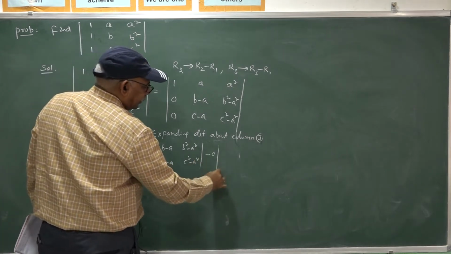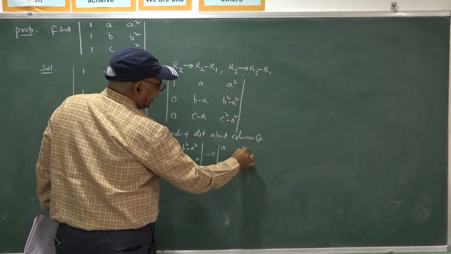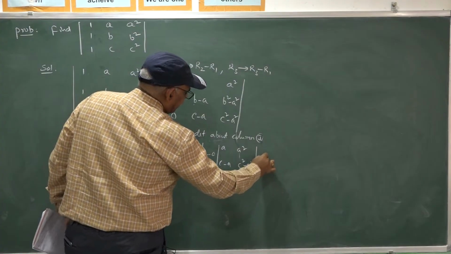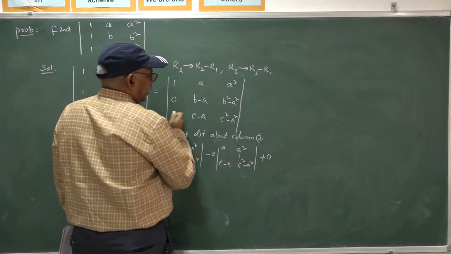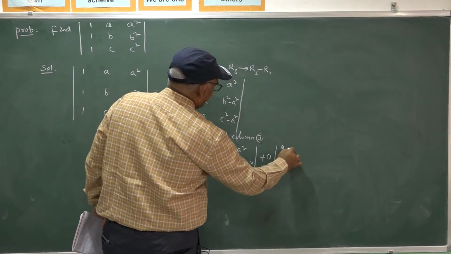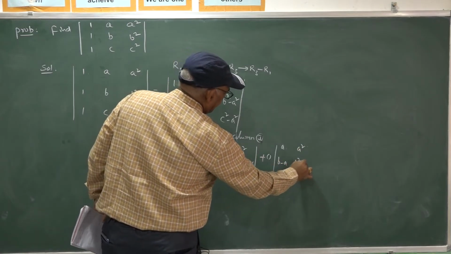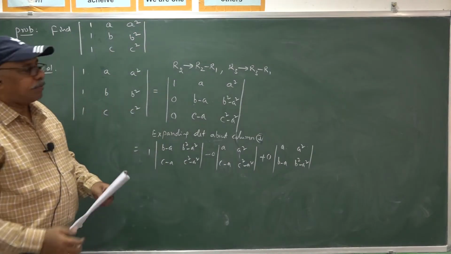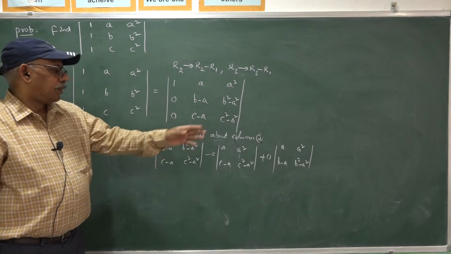Minus 0 into, eliminating this row and column, we get A square, C minus A, C square minus A square, plus 0 into, plus minus plus, eliminating the third row and first column, the remaining determinant of the submatrix.